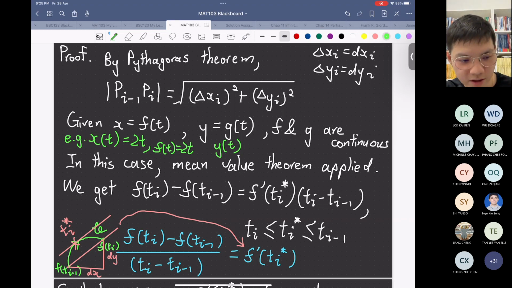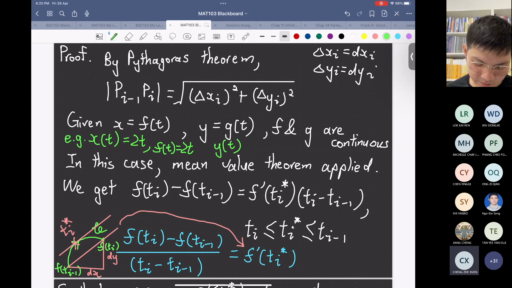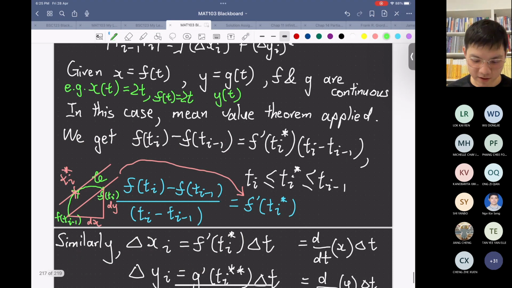We want to measure the length of a plane curve. So our x and y are given functions in t, continuous functions in t. Does it make sense? Okay, good. Any other question?